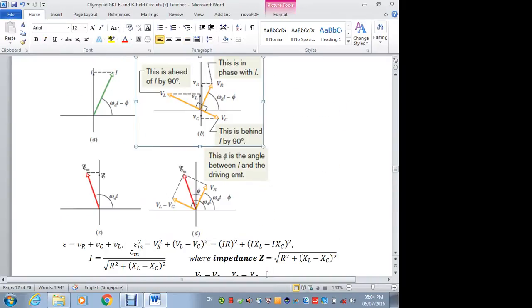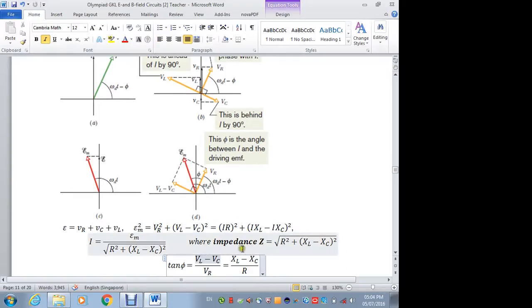From here, we can get some useful relationship. Tangent phi, from this diagram, will be this, and you can solve for phi.